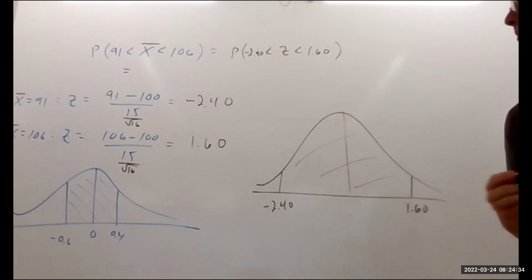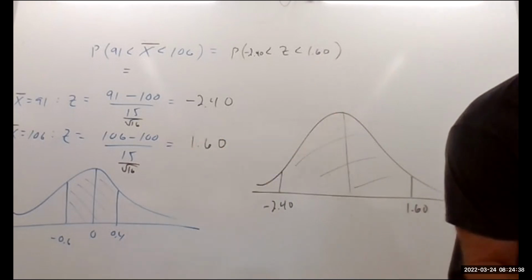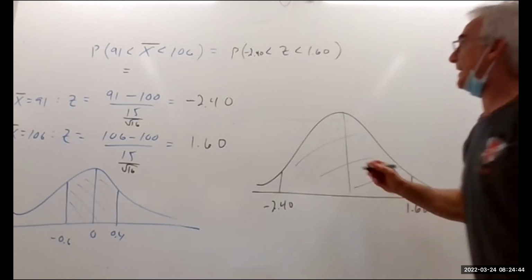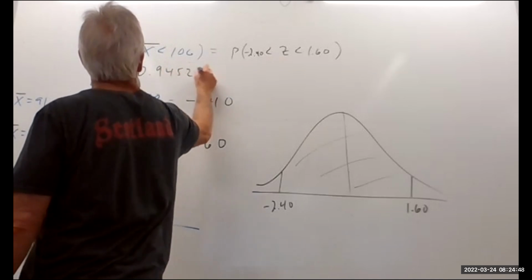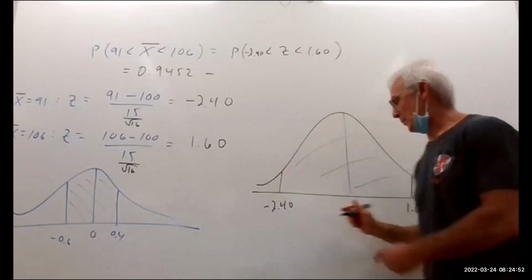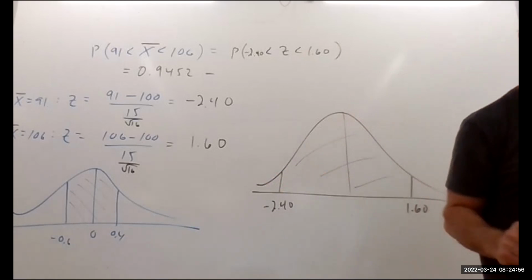So what is the probability of being less than 1.60? Let's all look that up. 9452. Destiny is fast. 9452. And remember, we're taking all of this and subtracting that tail to get the meat in the middle.